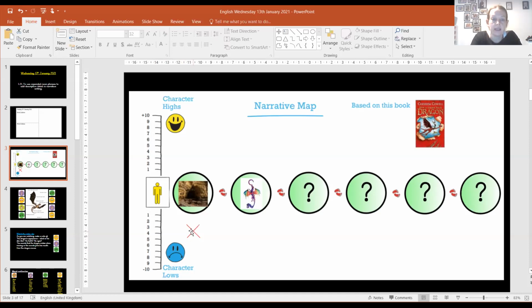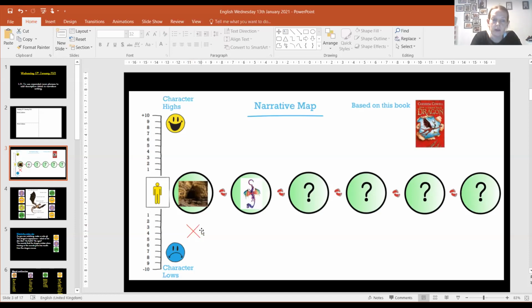So we were using negative vocabulary yesterday. When they entered the cave, it was gloomy, it was eerie, it wasn't very pleasant. So we were using negative adjectives and negative vocabulary to describe what we could see all around the cave and what was going on in the story.